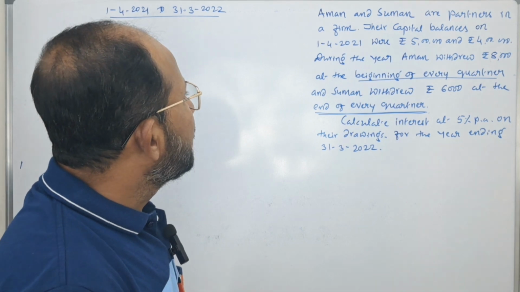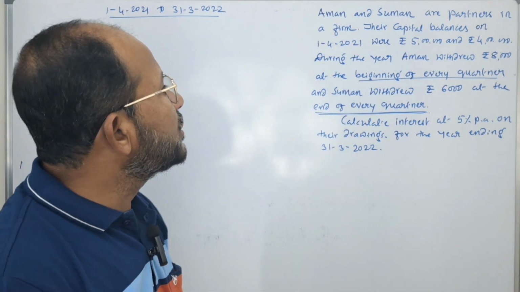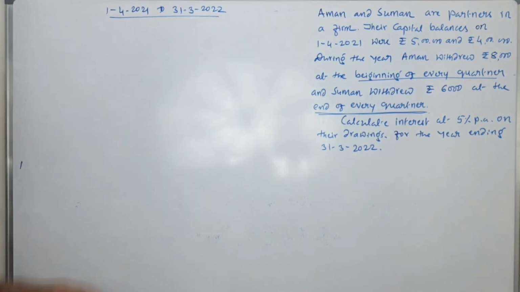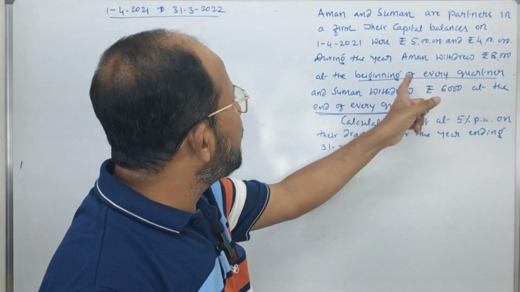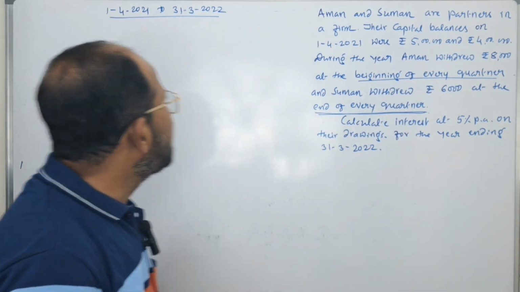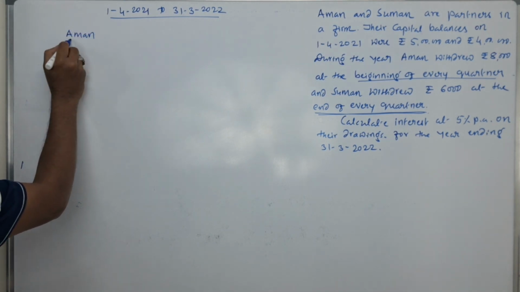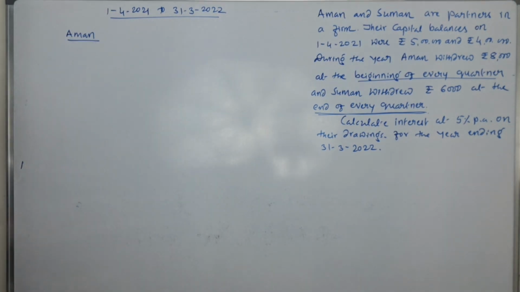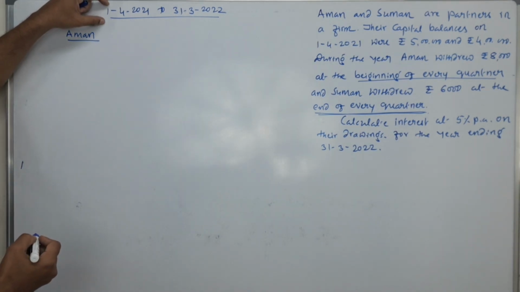Here, the partner has withdrawn the amount at the beginning of every quarter. See here, who has withdrawn the amount in the beginning? Mr. Aman. Here, Mr. Aman has withdrawn the amount at the beginning of every quarter. Beginning of every quarter means when the year starts on 1st April.